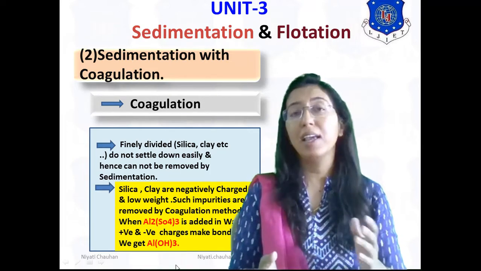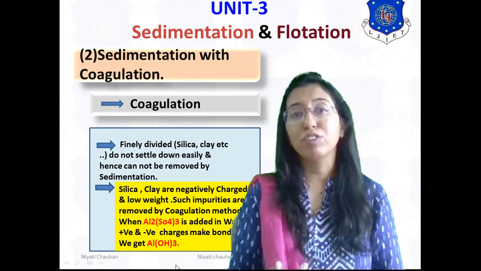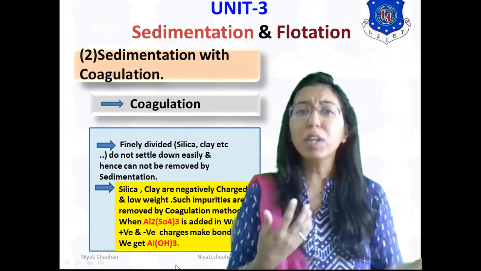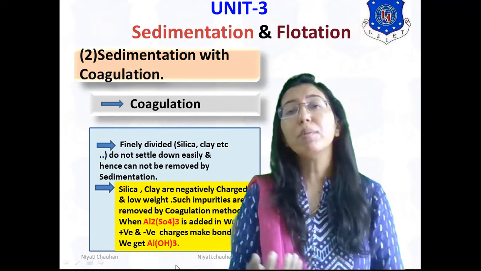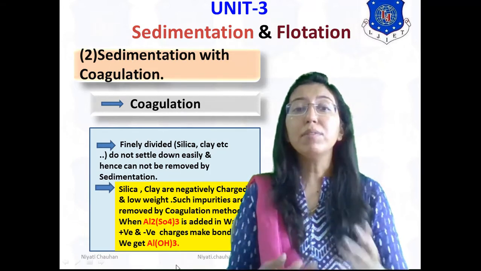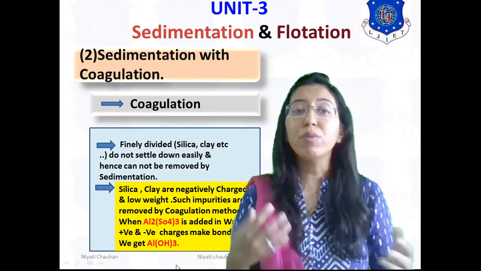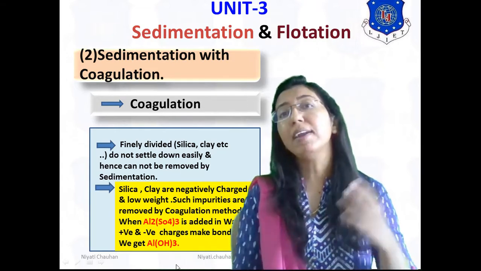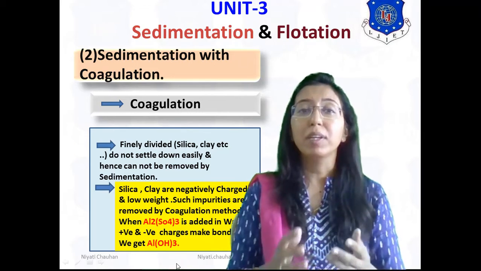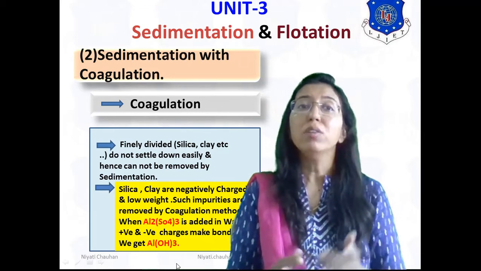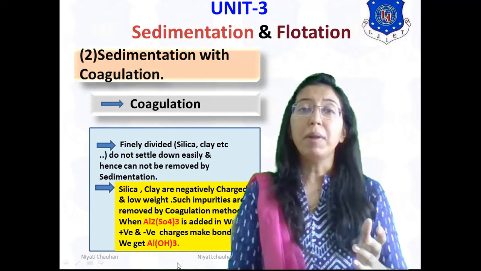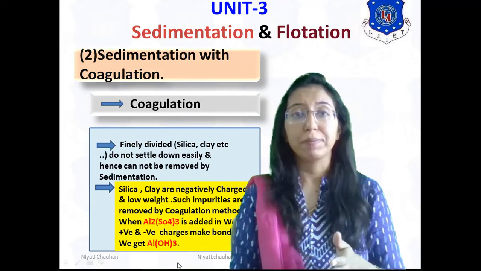Silica and clays are negatively charged and low weighted, so this type of impurity is removed by the coagulation method. When aluminum sulfate is added in water, the positive and negative charges make a bond and we get aluminum hydroxide. This process is known as sedimentation with coagulation.